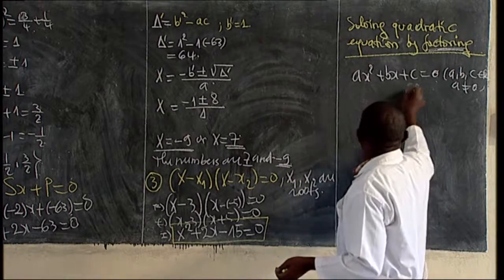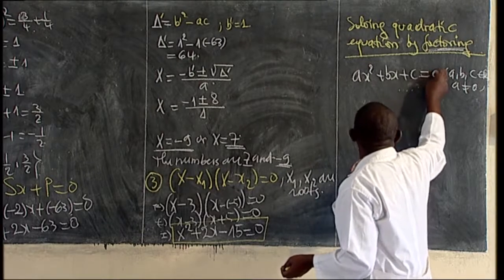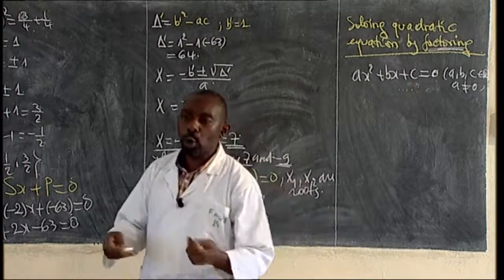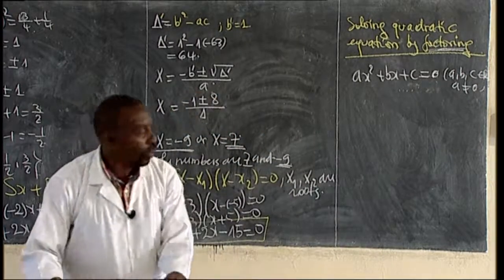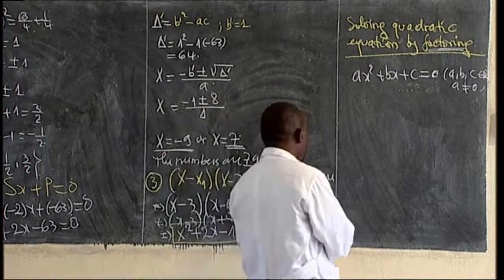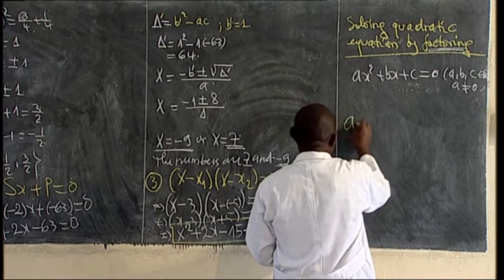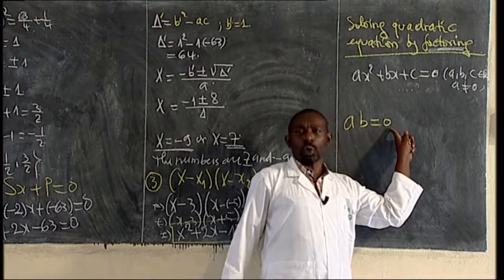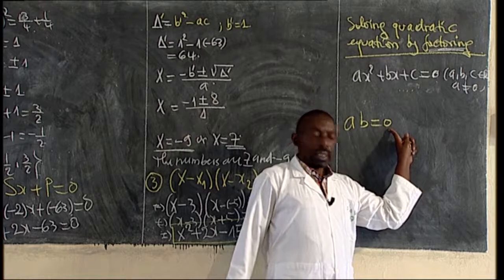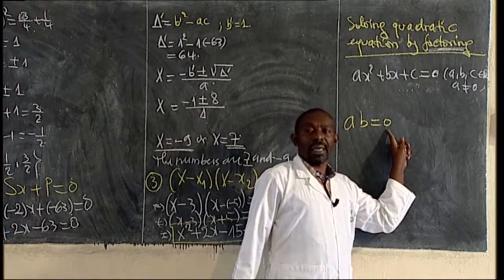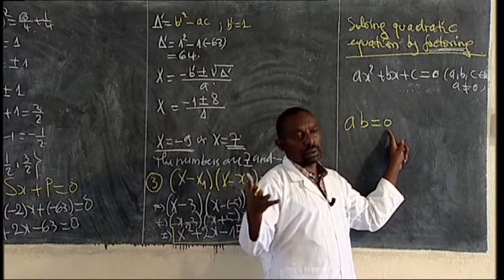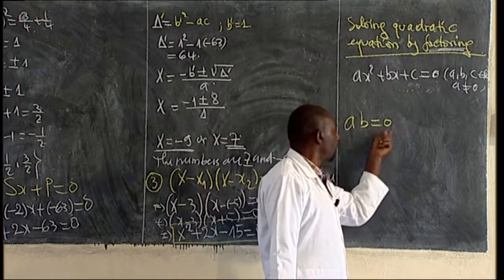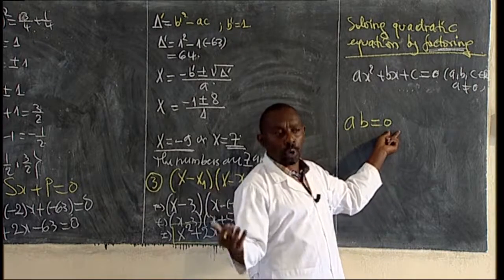So to solve this equation using the method, we have to use the zero product property. How is it? It means that if you have two numbers, A times B equals 0, I insist the right-hand side is equal to 0. If it is not 0, I can't talk about the zero product property. But as it is 0 at the right-hand side, that is the zero product property.